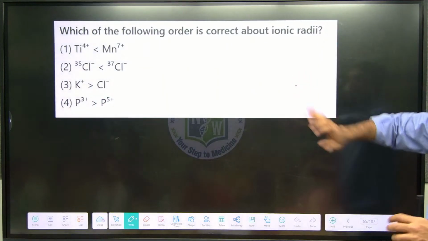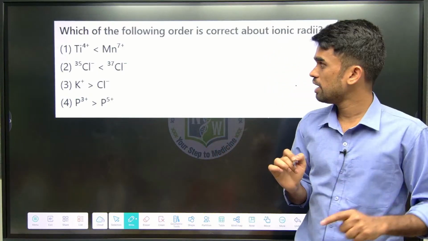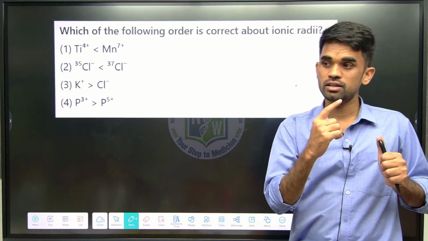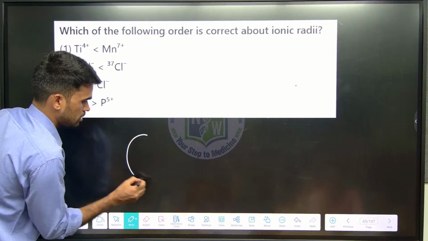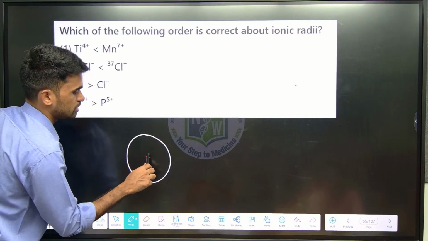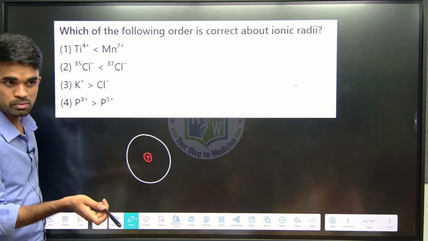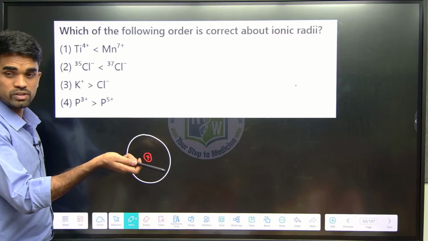This one. See, down the group what happens to size? Increases. So down the group size increases, but left to right? Again I am saying, we will discuss these things again in the periodic table chapter, from the next class onwards.